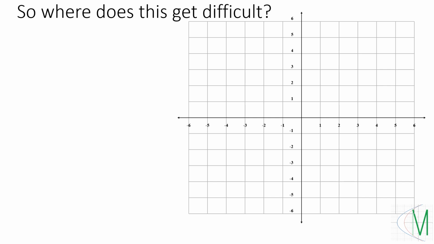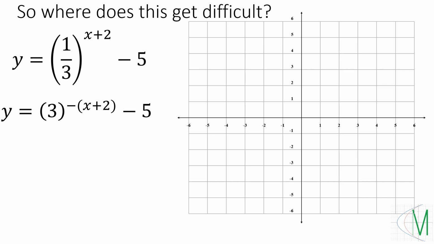Okay, so last problem. Let's put all this together. Now I have y equals 1/3 to the x plus 2, minus 5. Okay, so the first thing I want to do is, again, change that base to a negative exponent. Okay, I have that, and then I'm going to try to figure out what the transformations are telling me.